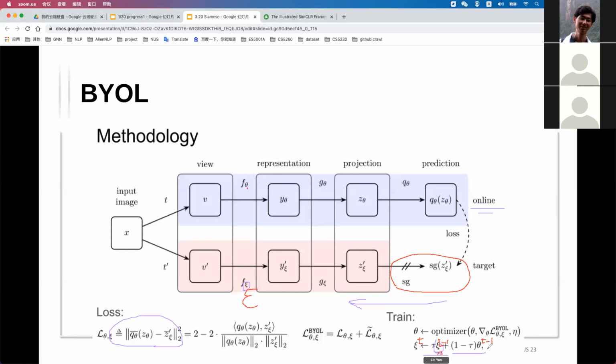Okay, let me ask another question. For the simple Siamese, both the online and target branches share exactly the same parameters.